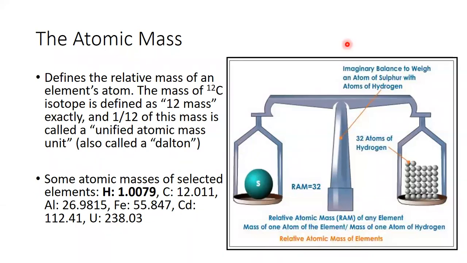You can also reference this back to the relative atomic mass compared to 1 atom of hydrogen, which should be about 1. So you can relate the atomic weight of other atoms back to hydrogen, but the official definition is relating it back to that carbon-12 isotope.